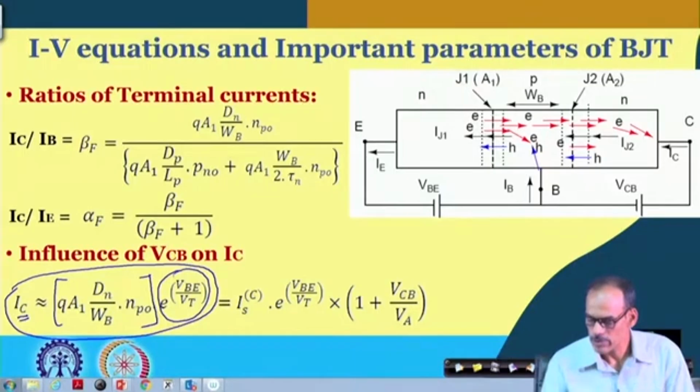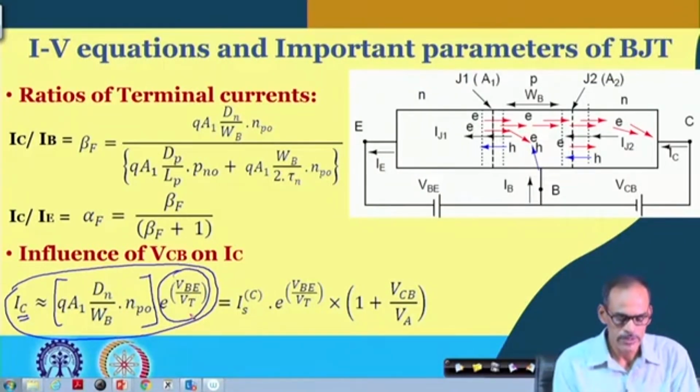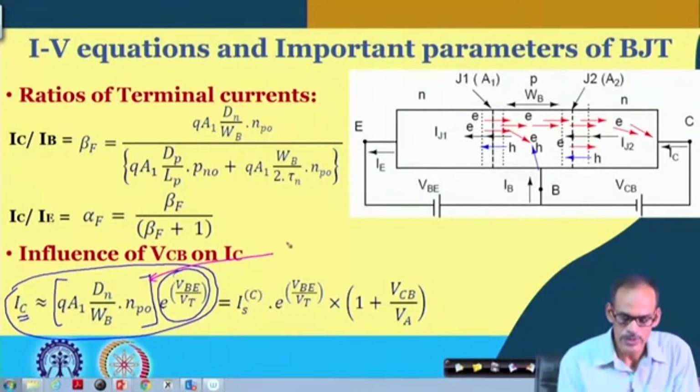So, say for example, since this equation, current as a function of V_BE, has an exponential dependency, it is similar to a forward biased diode, and in that case this whole part may be considered as reverse saturation current.